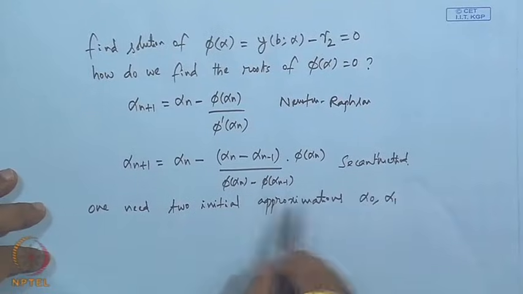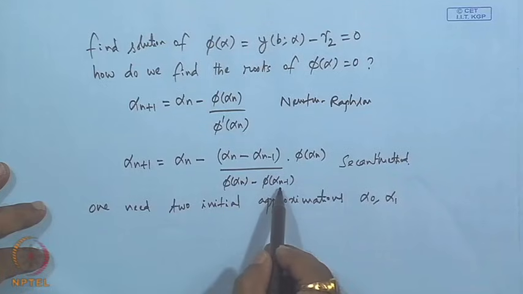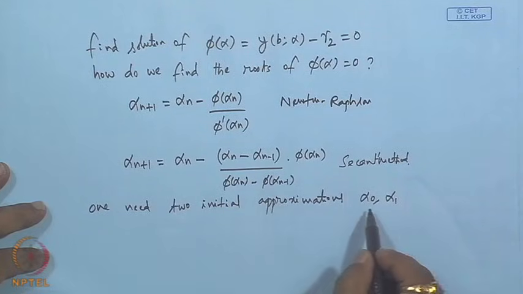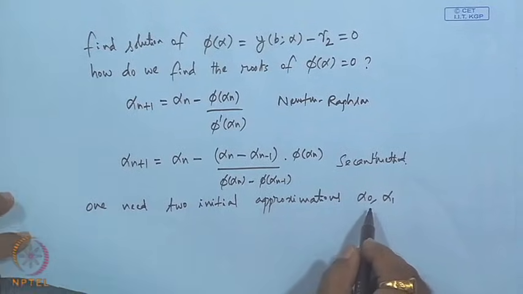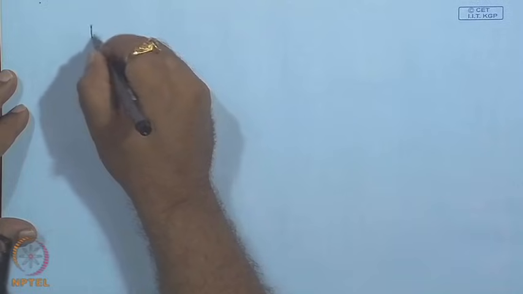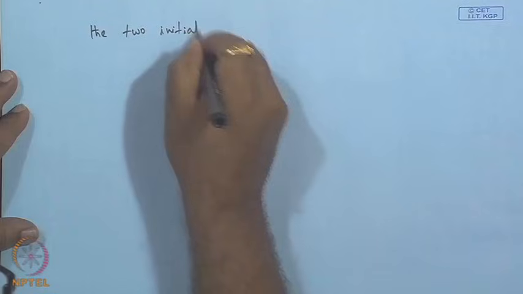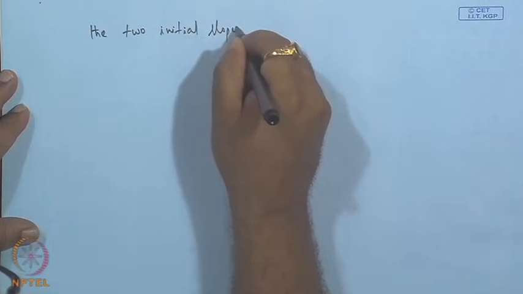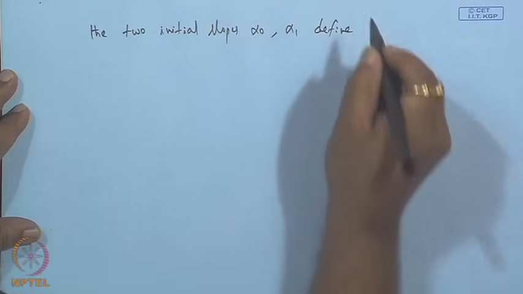We compute phi of alpha n minus 1. When we have these initial approximations, these are two different slopes. So, the two initial slopes alpha 0, alpha 1 define two IVPs.